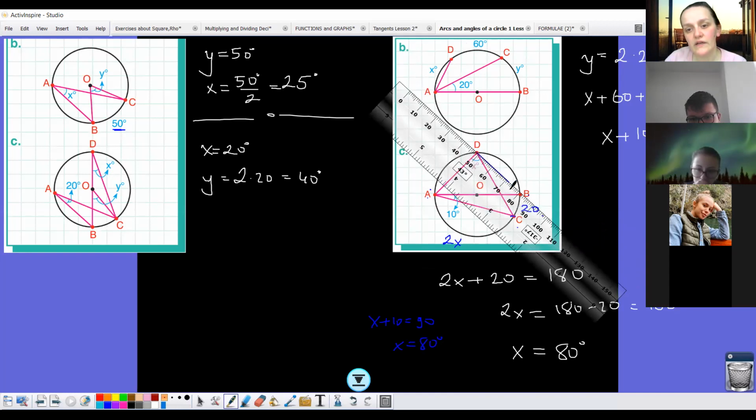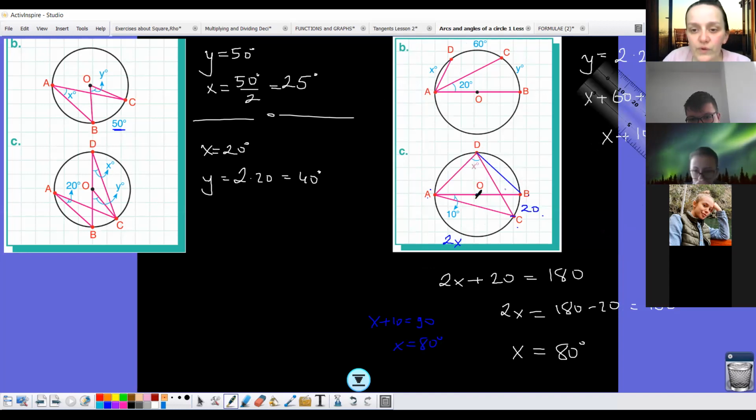When you draw a line here from B to D, we know that this one is a semicircle, and in the previous property we said that this angle is 90 degrees. At the same time, the angle CDB has the same arc as the angle CAB, and we said that they will be congruent angles. This part will be 10. If this part is 10, x will be 80 degrees. And this is another way to solve.